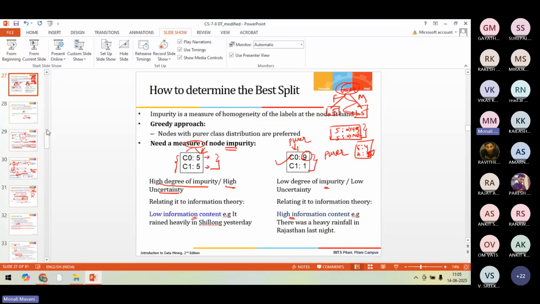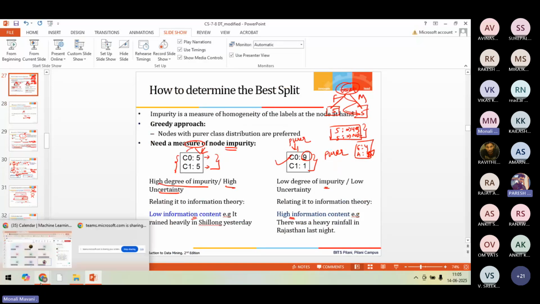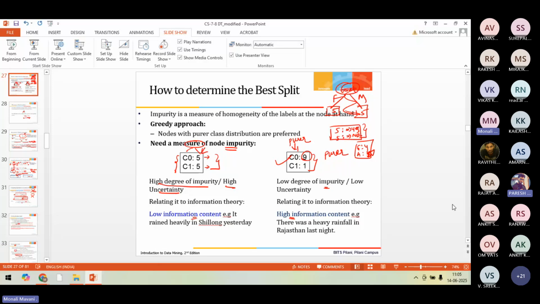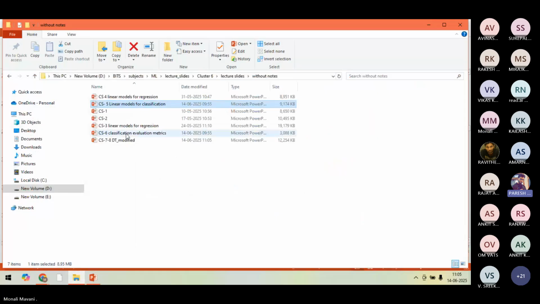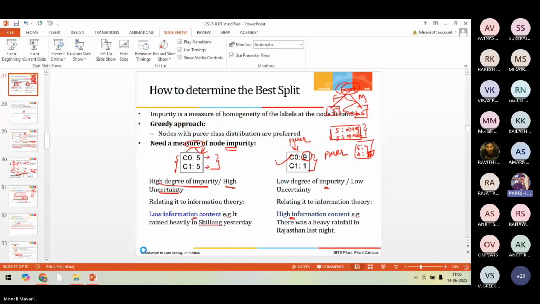Anybody else? Ma'am, just one more question regarding the TPR and FPR part. I understand the definitions individually, how we are trying to get an idea of how many true positives and how many false positives we are getting. But is there any intuitive relation between these parameters?